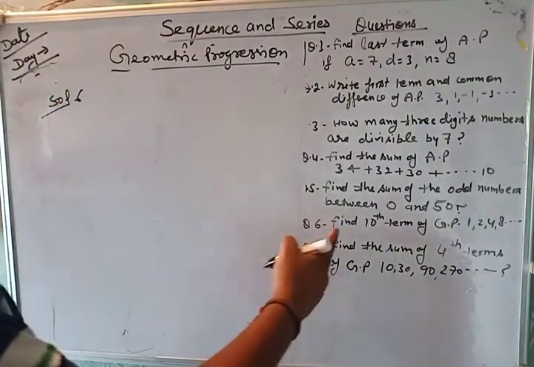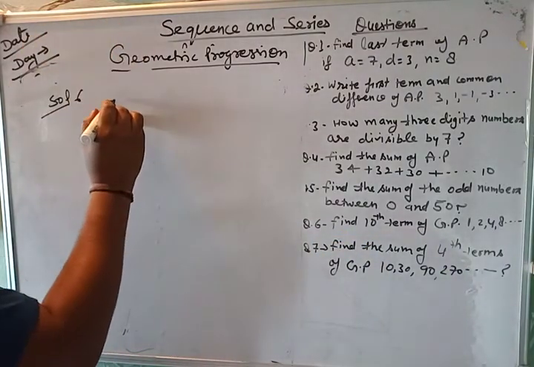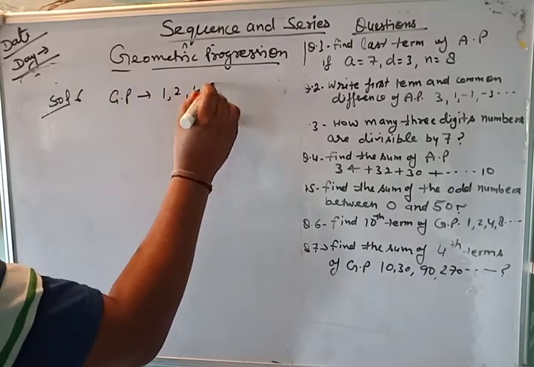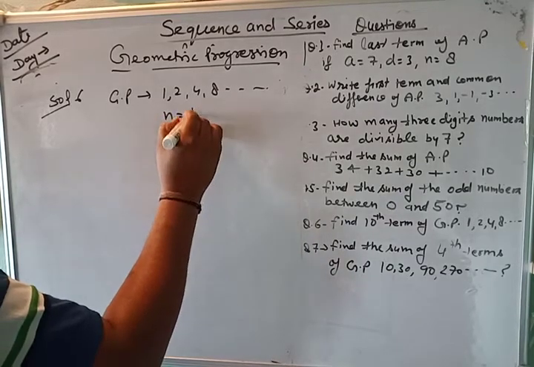The solution of question number 6. Find the 10th term of a GP: 1, 2, 4, 8 and so on, n equal to 10.